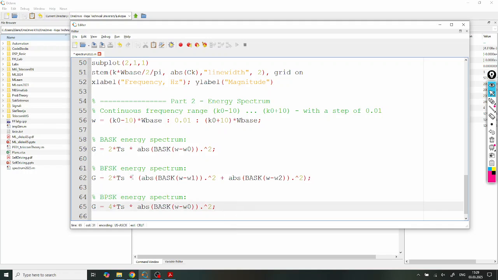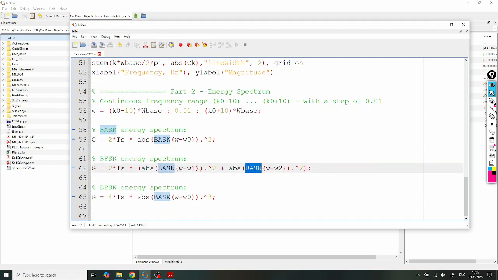So that is how you calculate each of these spectrums, and you only need one, whichever is for you. Although in all cases you see that we depend on this BASK. Yes, that's how I explained it to you in the lecture. We intentionally make use of Fourier transform properties and theorems to avoid having to calculate everything from zero again.